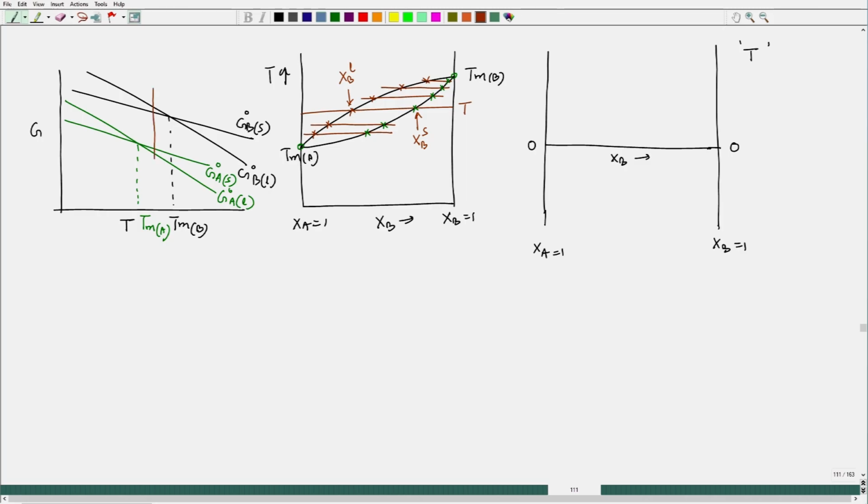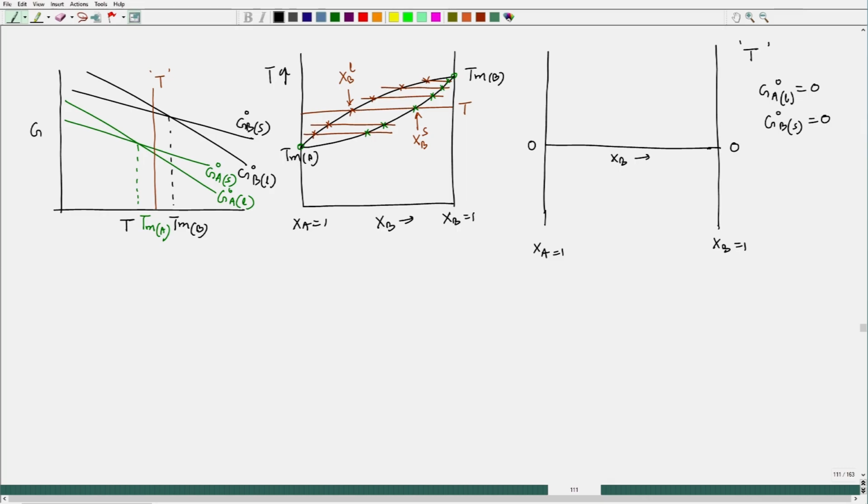So, this is the temperature we are talking about, this is the T. Okay. So, at that temperature, from this particular free energy temperature diagram for pure metals, we can see that G A naught liquid should be assigned 0 there, and G naught B solid should be 0.